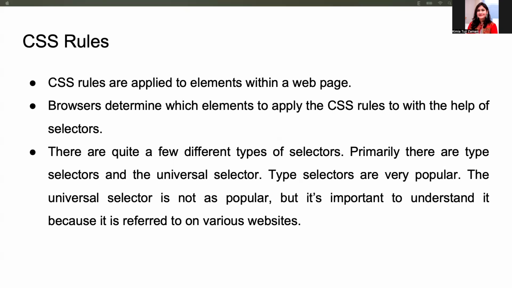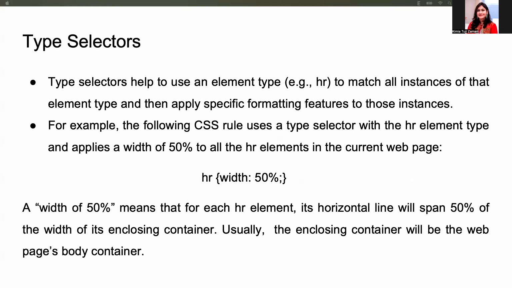While not as commonly used as type selectors, the universal selector can be very handy when you need to apply a global style or reset styles for all elements. However, this should be used very cautiously because it can have a broader impact.